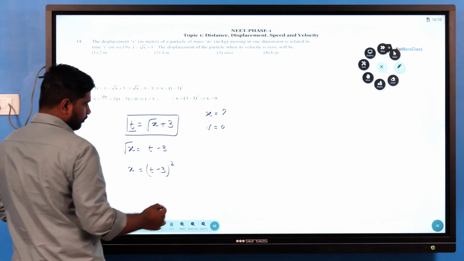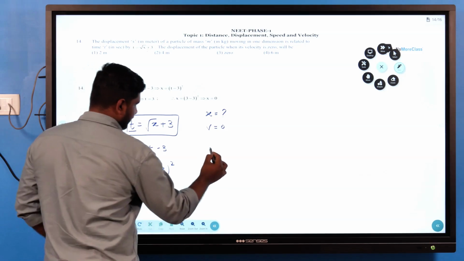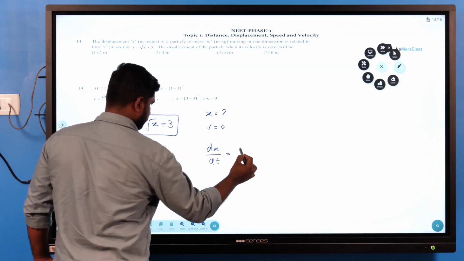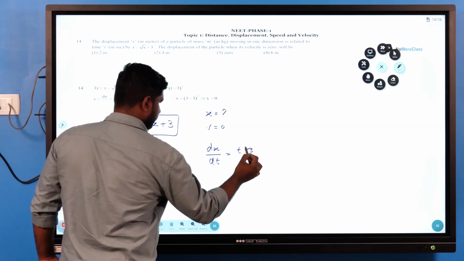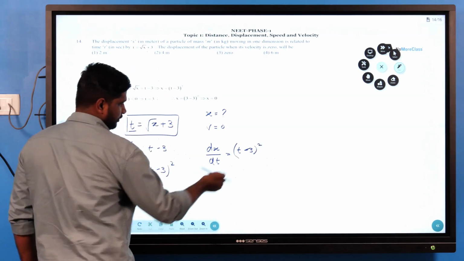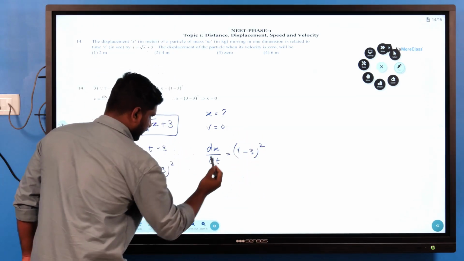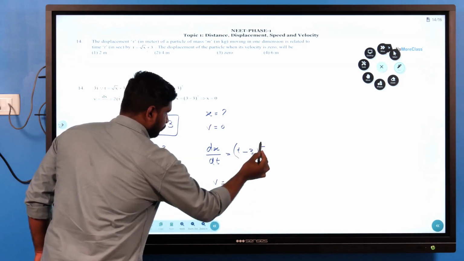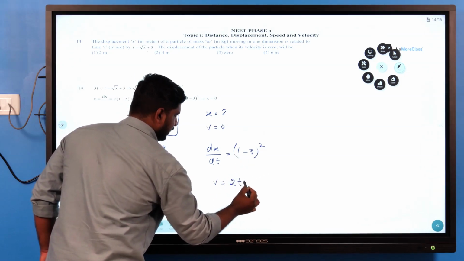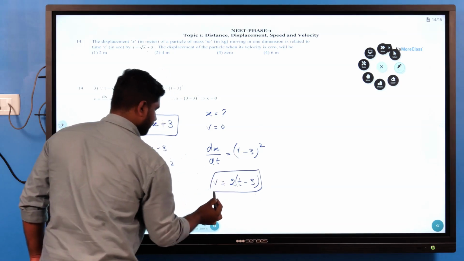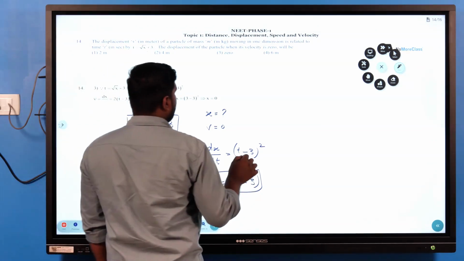Okay, so we know dx/dt. We differentiate: dx/dt = 2(t − 3). Since dx/dt is v, v = 2(t − 3). That will be the v equation with respect to time t.